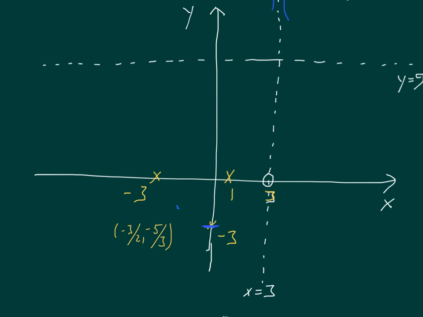And if we now take a look at what we obtained from our sign diagrams from f prime and f prime prime, you'll see that our function is supposed to be decreasing all the way up to x equal to 0, and y equals 9 was a horizontal asymptote.